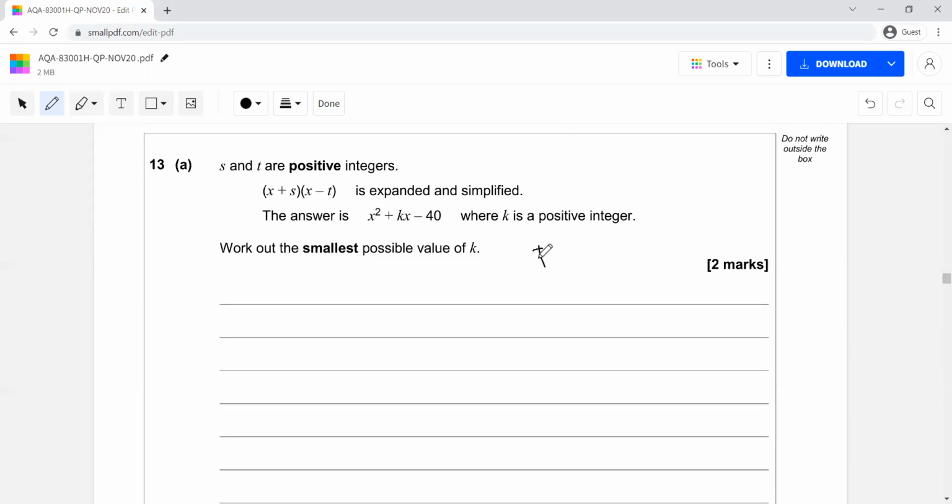So if you use the FOIL technique, then k is the coefficient of the x term. So if we expanded x plus s and x minus t, the coefficients would therefore be minus t, right? Because we would do x times minus t, so we'll have minus t, and you'll have plus s.